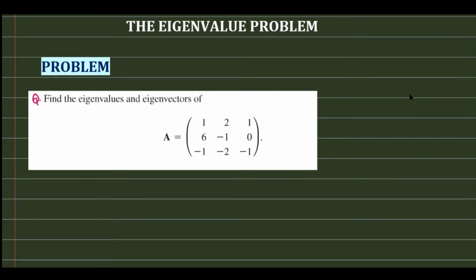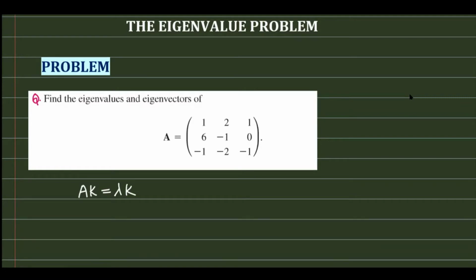The eigenvalue problem. So the first problem is find the eigenvalues and eigenvectors of A equal to [1, 2, 1; 6, -1, 0; -1, -2, -1]. So as we studied in the last lecture, we have to find eigenvalues and eigenvectors.